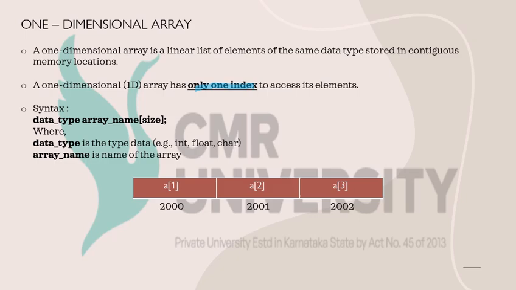Array_name is the name of the array and size is the size given to it. 1, 2 and 3 are the elements of the array size given. 2000 and 2002 are the memory locations.